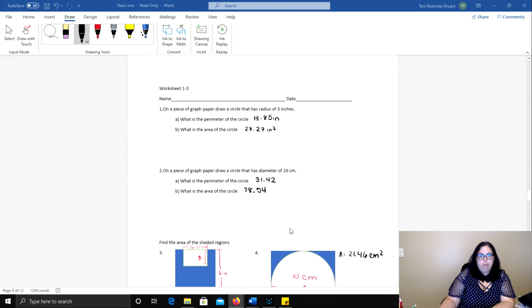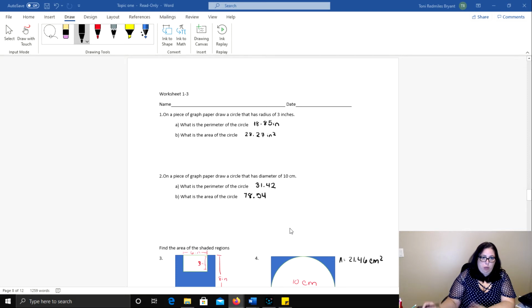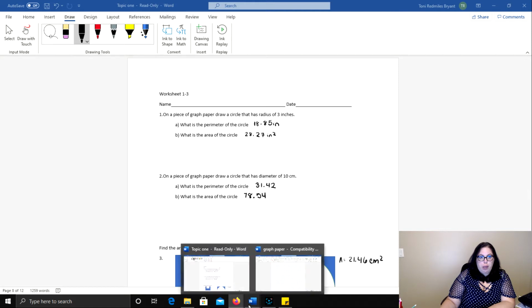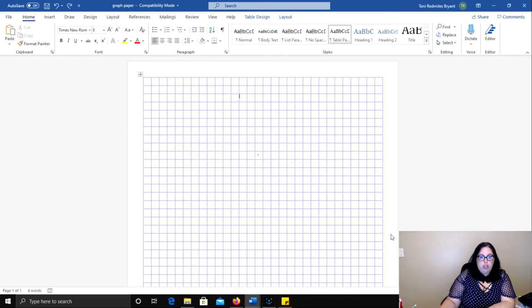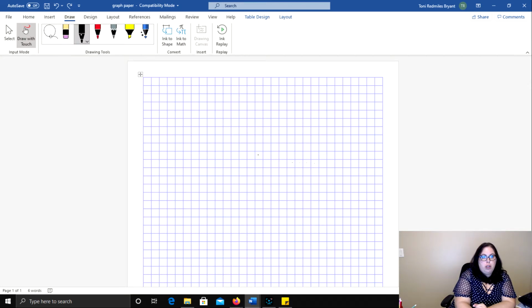Let's go through how I did that, okay? In this first one, you were supposed to draw on a piece of graph paper a circle with a radius of 3. So on my graph paper, I'm going to draw a circle. Does it have to be perfect?